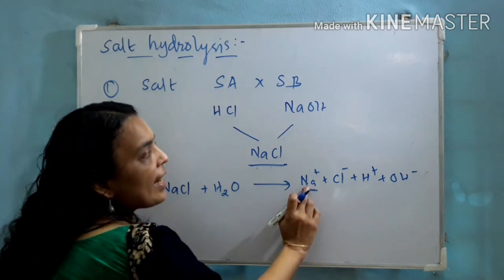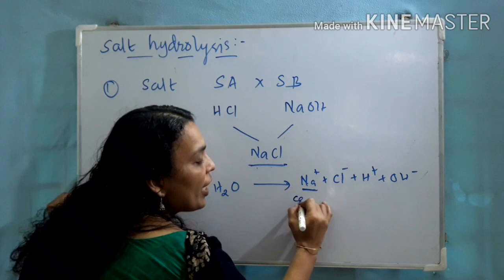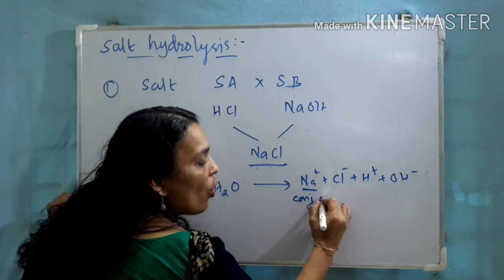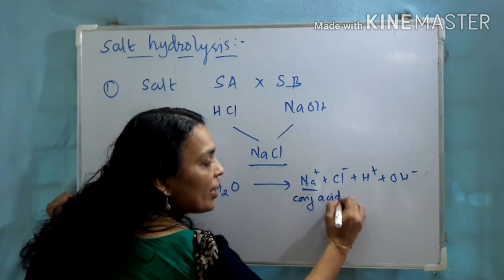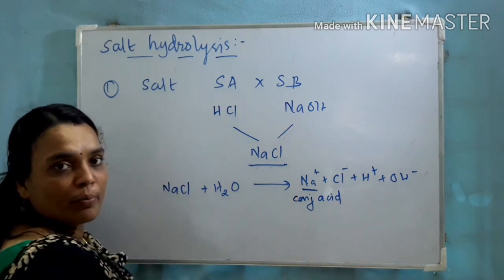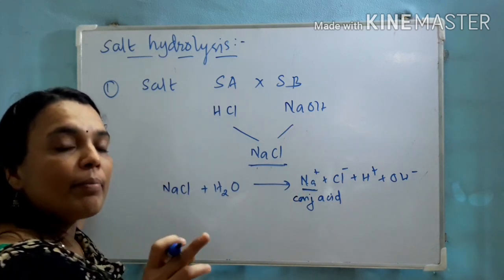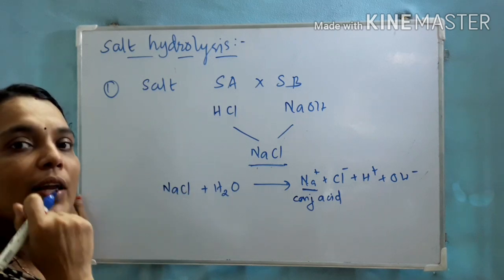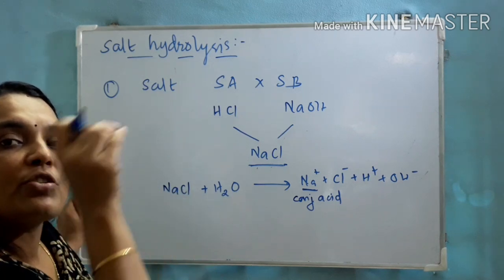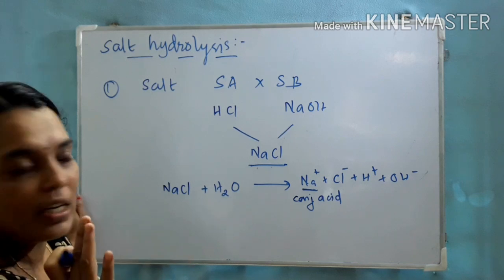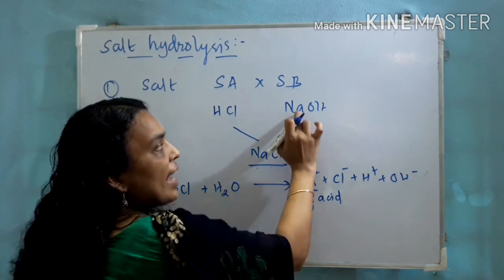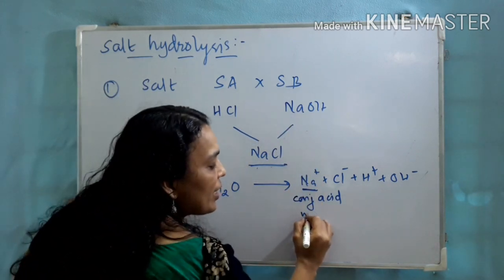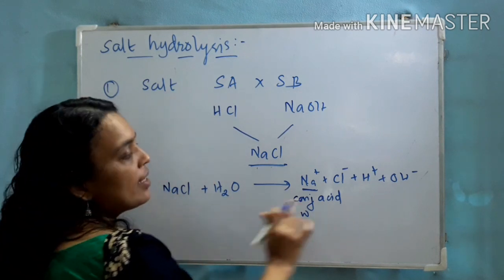So we can say Na+ is the conjugate acid of a strong base. Always remember, the conjugate acid of a strong base is weak, as well as the conjugate base of a strong acid is weak. So it is the conjugate acid of a strong base, so it is a weak acid.